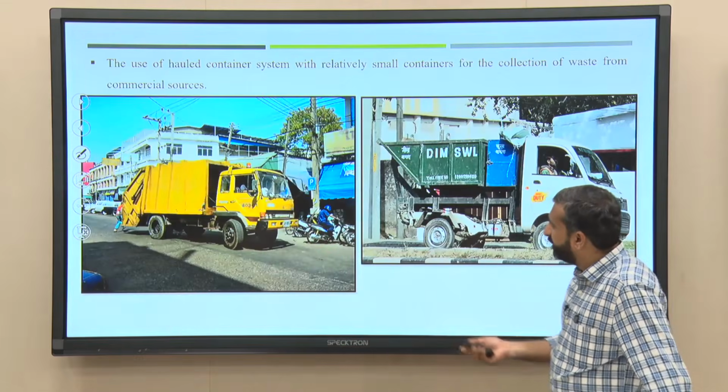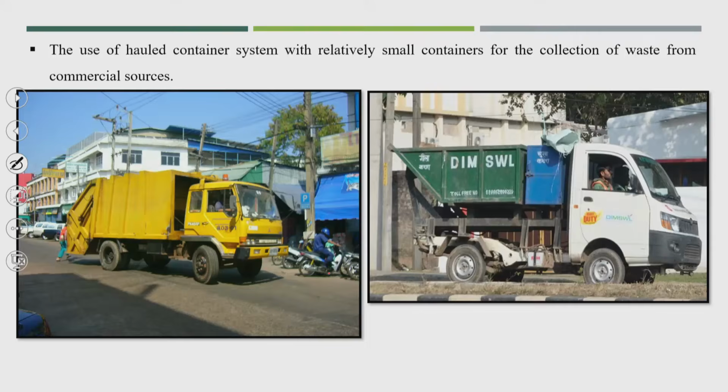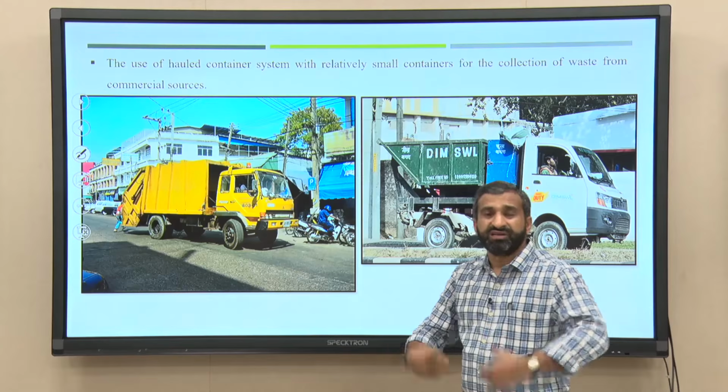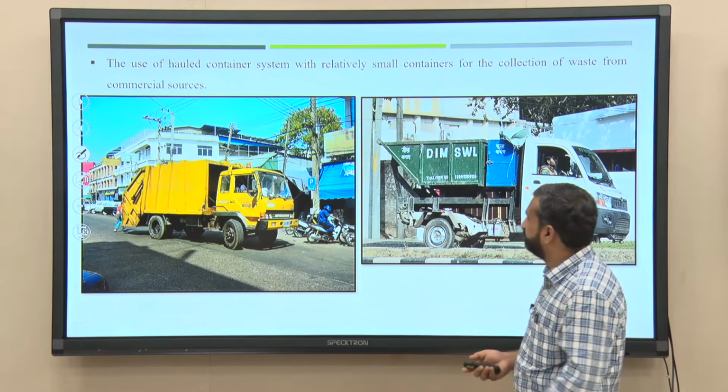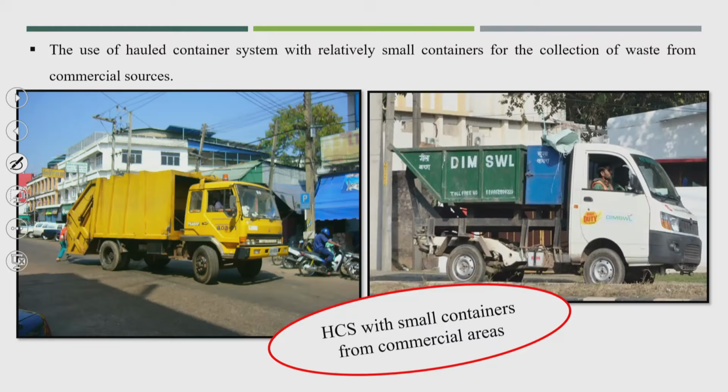So, why not plan this smaller vehicle, and we can plan a hall container system, or we can have the stationary container system also with smaller containers, and we can increase the collection frequency in that case. Okay. So, hall container system with smaller containers from the commercial areas.